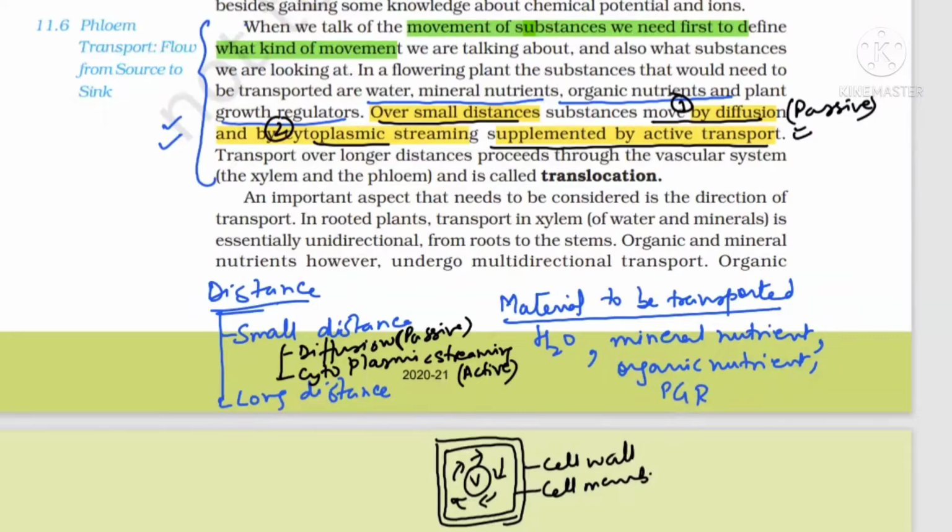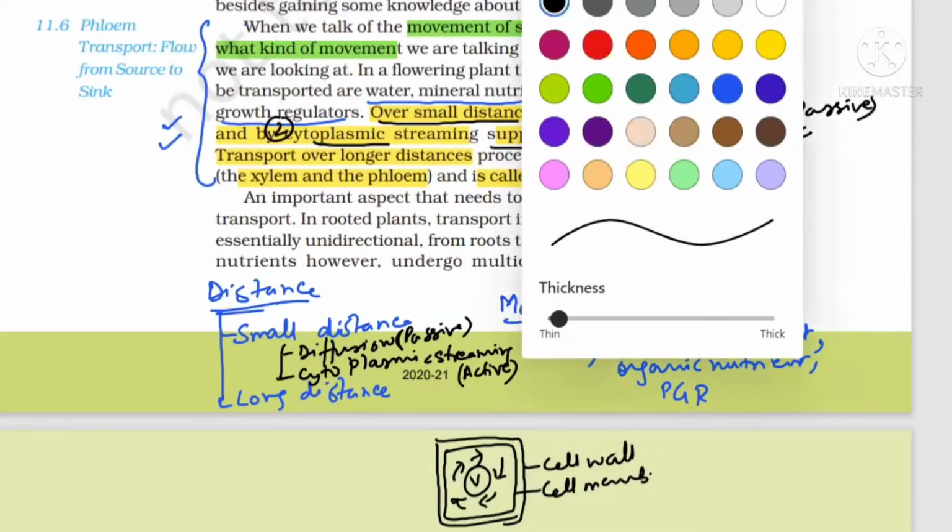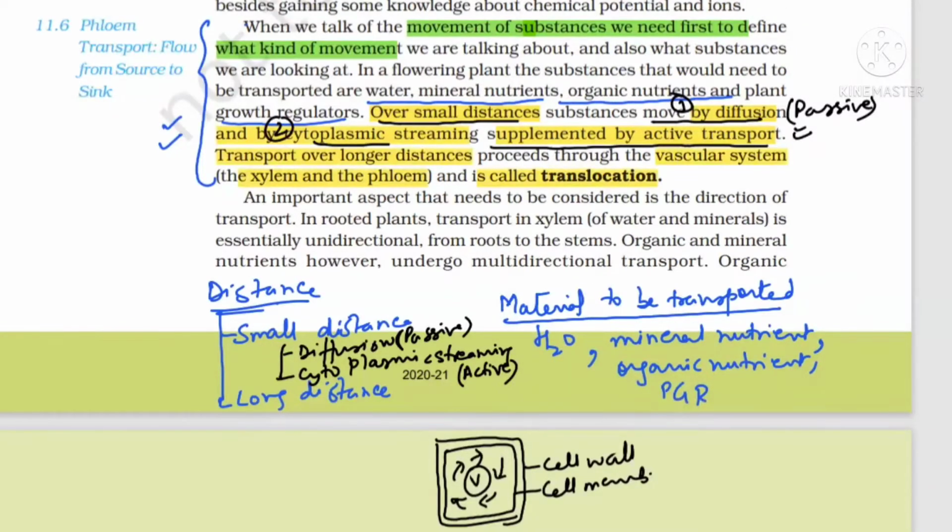Now for the large distance, if the transport has to be done for long distance, then it will be done with the help of the vascular system, that is xylem and phloem. And long distance transport is known as translocation. Clear beta? Long distance transport is known as translocation. So you can make here, long distance is done with the help of xylem and phloem.